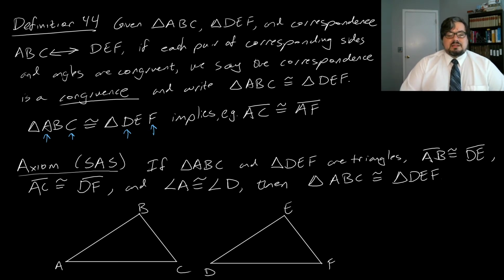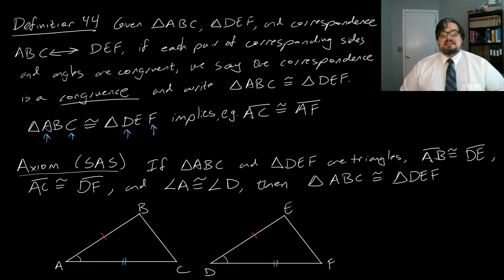We know that the segment AB is congruent to the segment DE, so we can mark those two segments as congruent to one another. The segment AC is congruent to the segment DF, and then the angle at A is congruent to the angle at D.